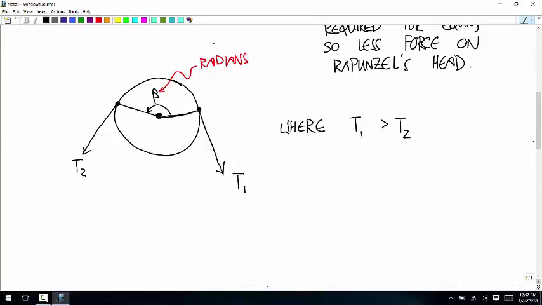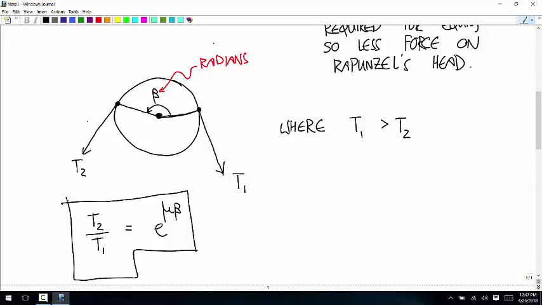Right. So T2 over T1 is equal to e to the power of the coefficient of friction times that angle beta. So this is the coefficient of friction.